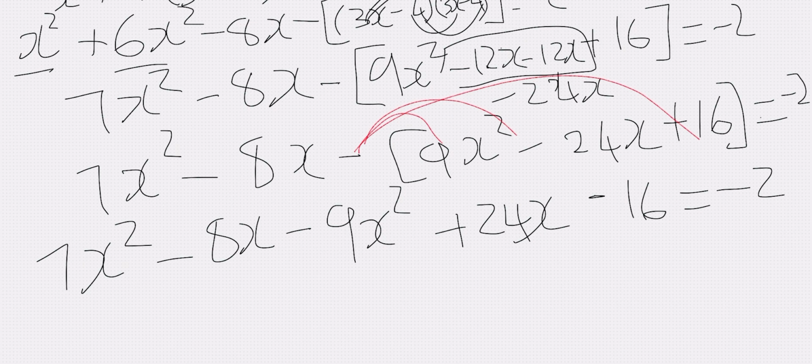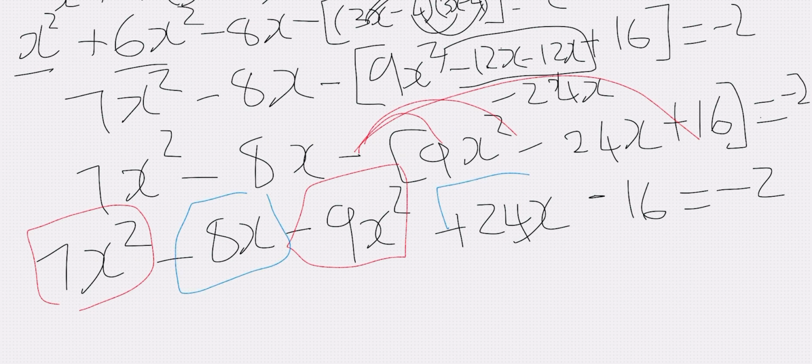Okay, let's look for like terms now. You see this one over here is similar to this one over here, right? And also this one is similar to this one, right?